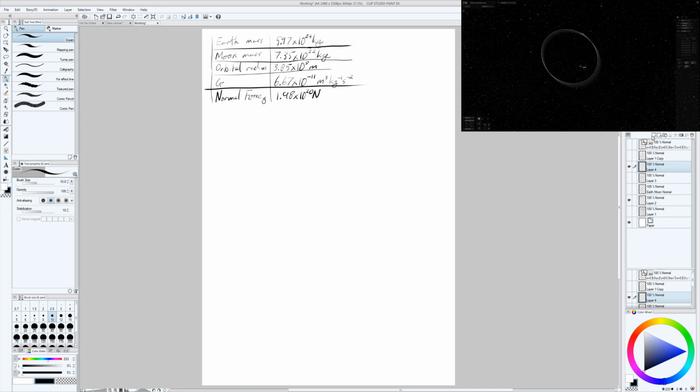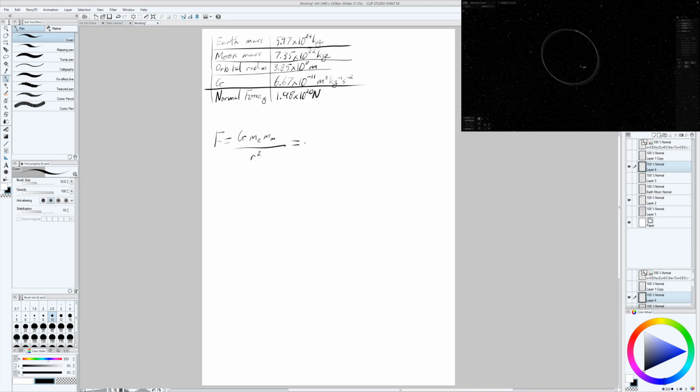So, for example, F equals G, and in this case I'm going to go ME for Earth and MM for Moon, over R squared.